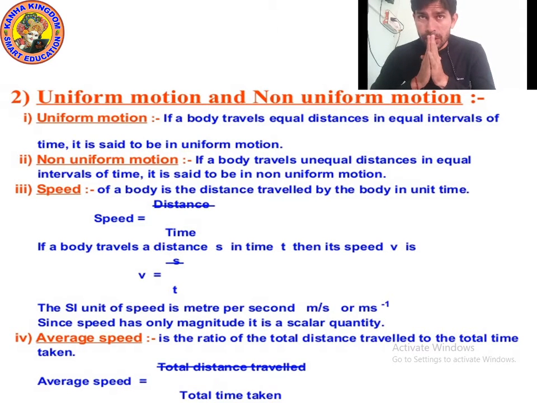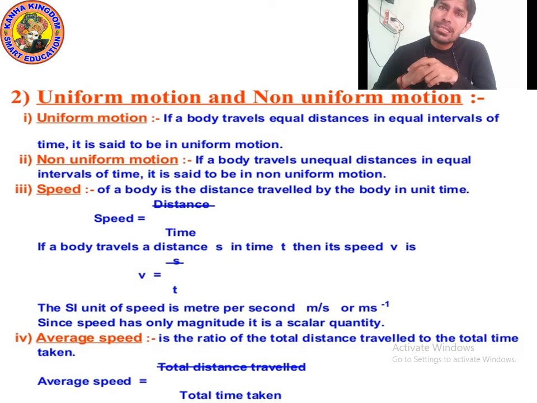And what is uniform motion? Uniform motion is that motion in which speed does not change. It means speed remains constant, always the same. But non-uniform motion is that motion in which speed changes, meaning speed does not remain constant.